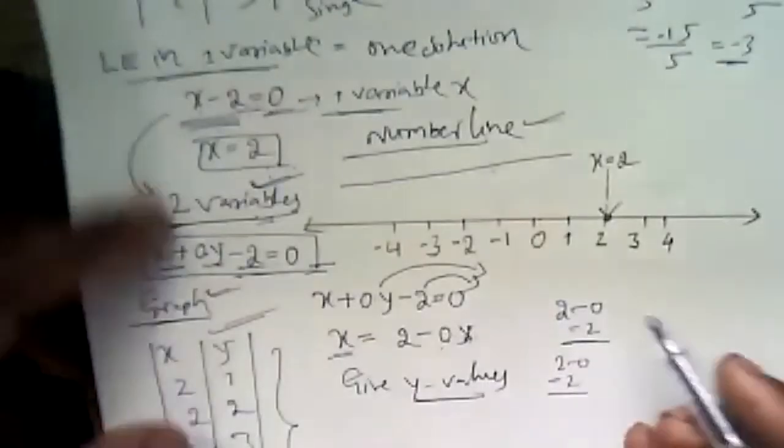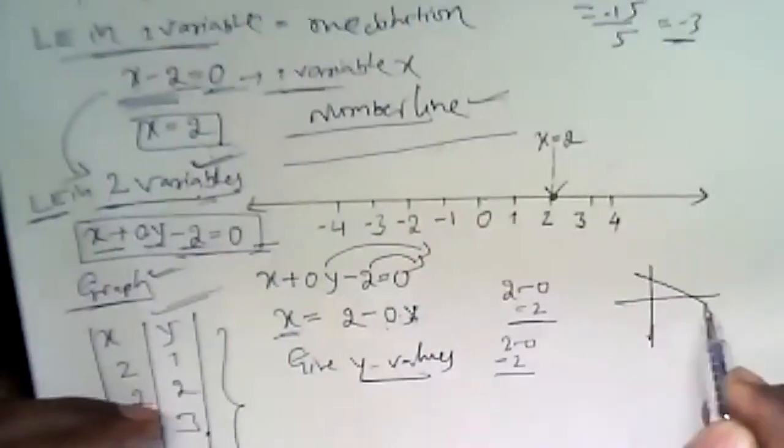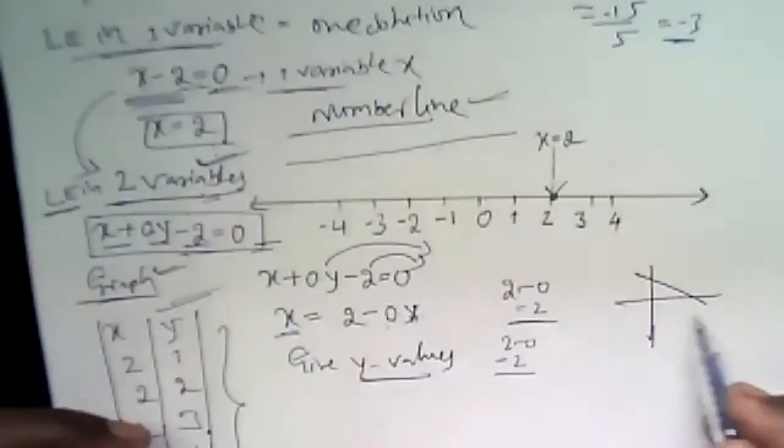Okay, see here. In previous graphs we studied, we plotted the x and y values. Just see. We plotted the x and y axes and we obtained the graph like this.